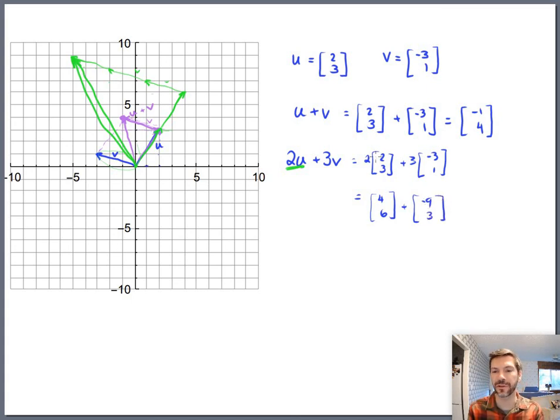So notice the scalar multiplies both parts of the vector. And then we add them component by component. So 4 plus negative 9 would be negative 5, and 6 plus 3 would be 9. And now we know the numeric components for where we already traveled to. It is negative 5 over, and it is 9 up.